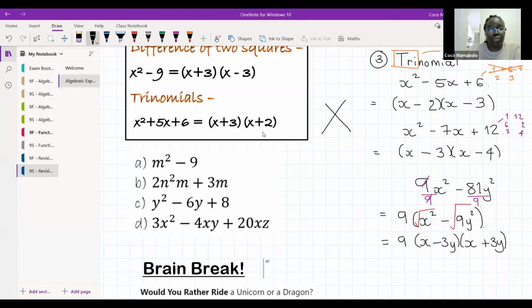There we go. Then, ma'am, also with the trinomials, where do you know to put x and where? And do you always have to start with a minus or an add, or it doesn't matter? It doesn't matter.